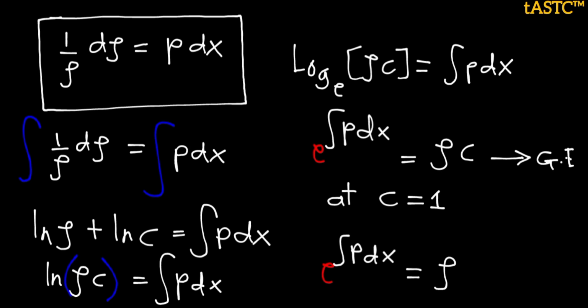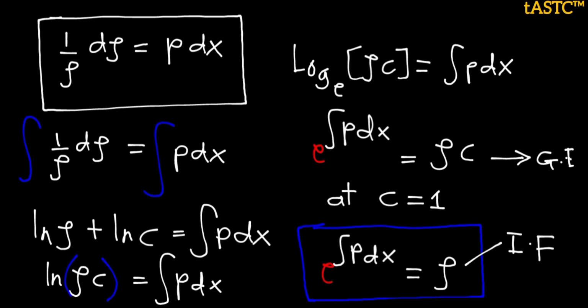So this stuff, which you see here, is what is called the integrating factor. This is the most important stuff which you need to have in order to solve a first order linear equation. The integrating factor is written as rho, so I'm going to write it as IF. That is the integrating factor.